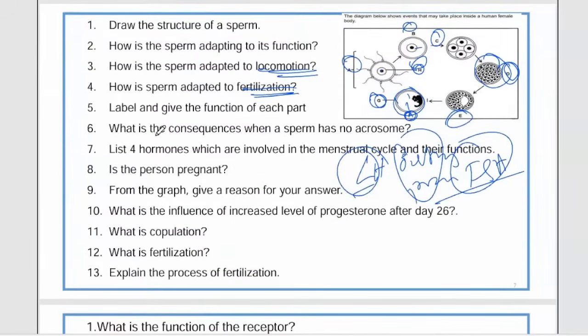Then they are saying, is the person pregnant? From the graph, give a reason for your answer. We said the level of progesterone is dropping, and the corpus luteum is also degenerating. What is the influence of the level of progesterone after 26 days?